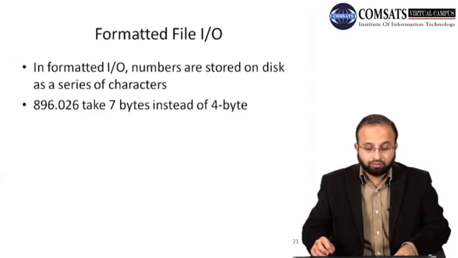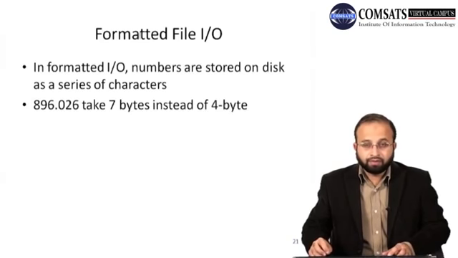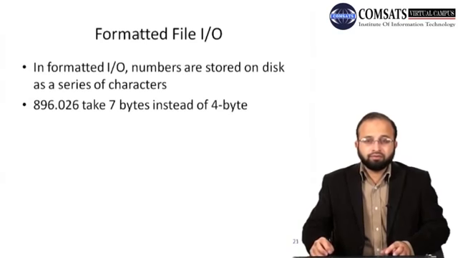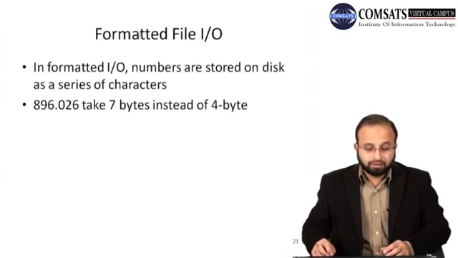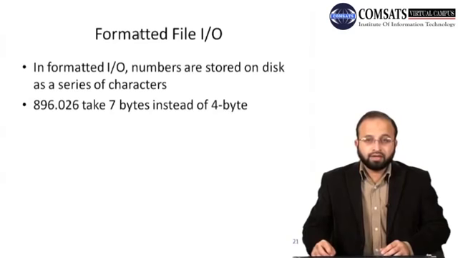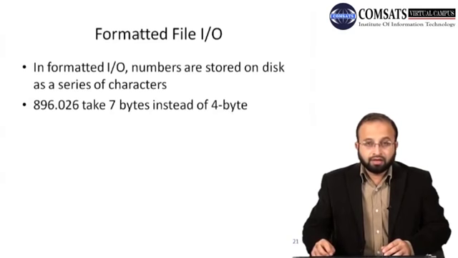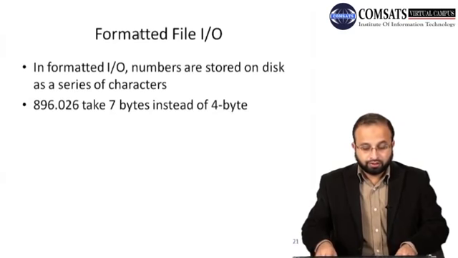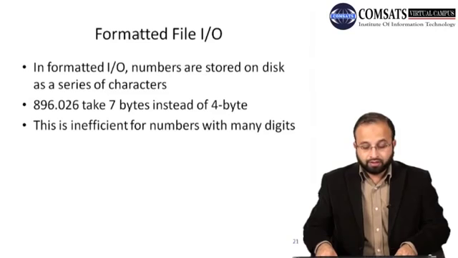That is the major drawback of using formatted file I/O, because everything is stored as characters, and if we want to store very large numbers in a file, then using a formatted file is not a preferable or efficient approach. Then we must go for binary I/O. So this is inefficient for numbers with many digits, right?